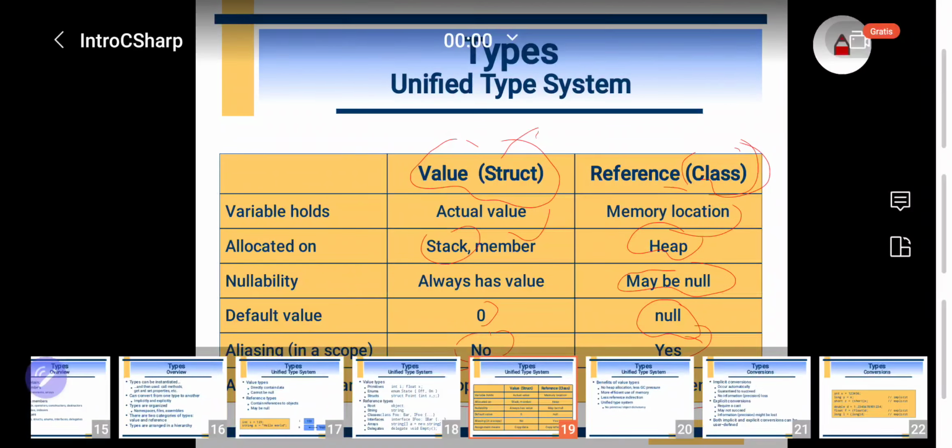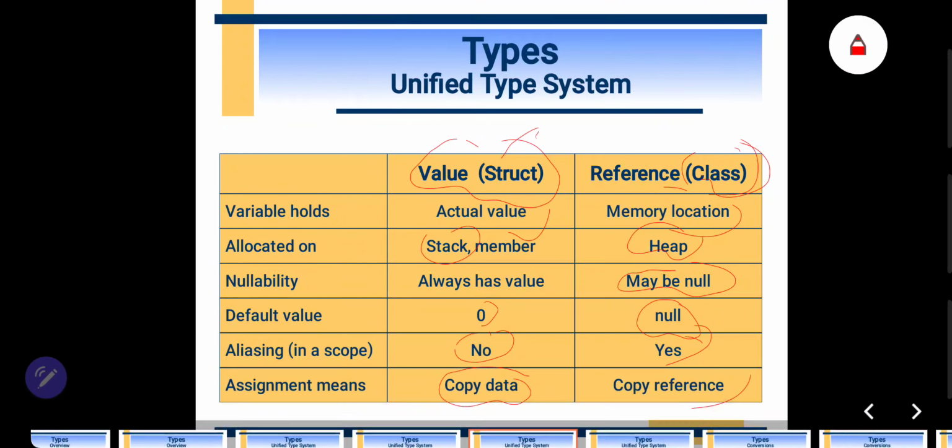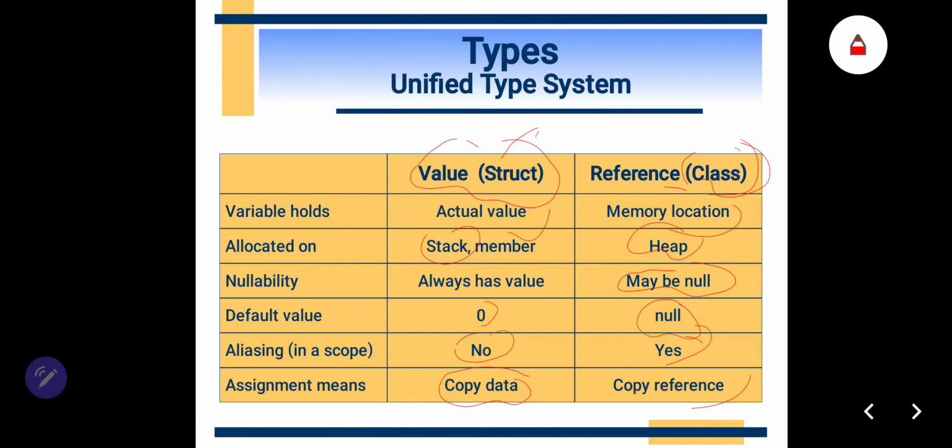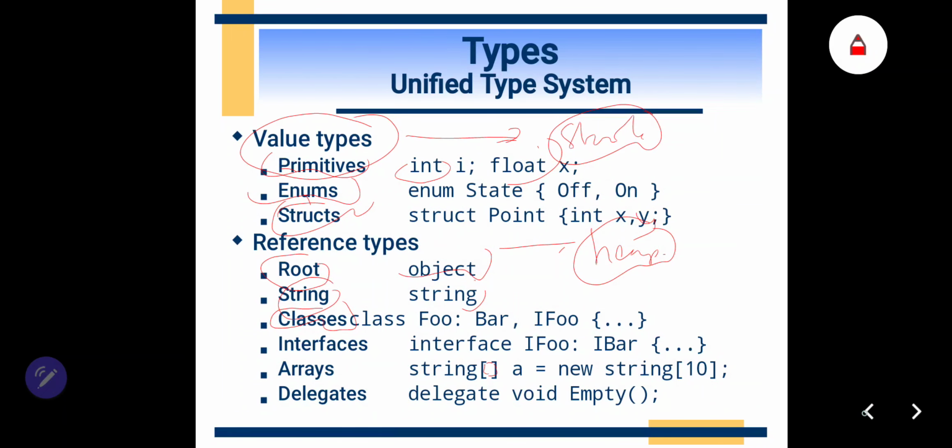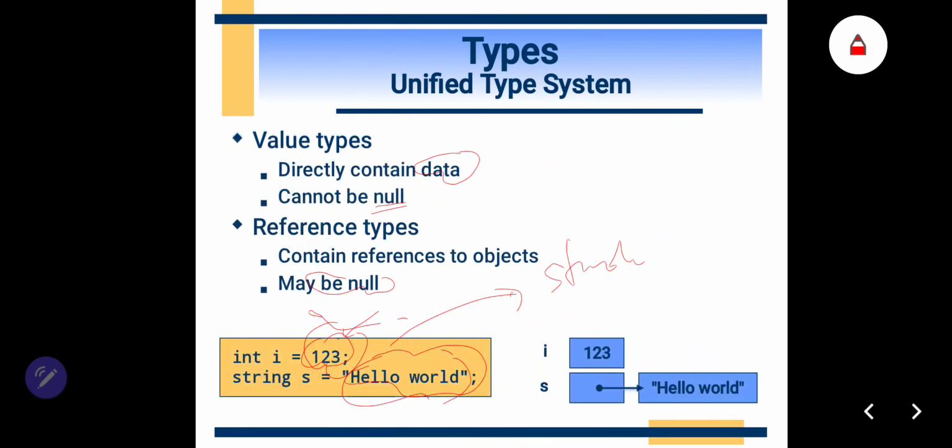Struct will be saved in the stack, and class will be saved in the heap. And then you know the content of value and reference types. This is the basics of the C# programming language.